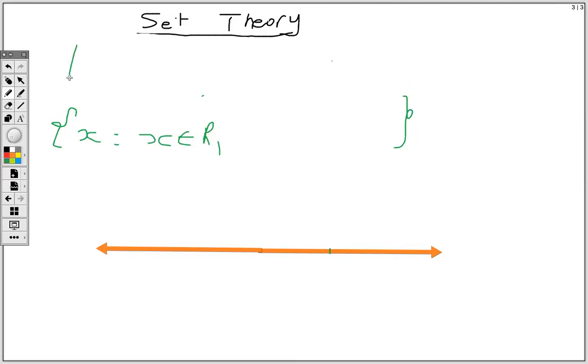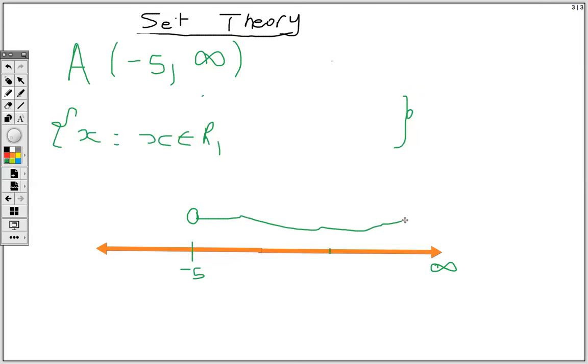So say, for example, we have A to be -5 and positive infinity. Because -5 has a curved bracket, I'll have it being open here, and it's going towards positive infinity, so I'm continuing. So I'll have an open circle here, then I'm continuing towards infinity on the positive side.